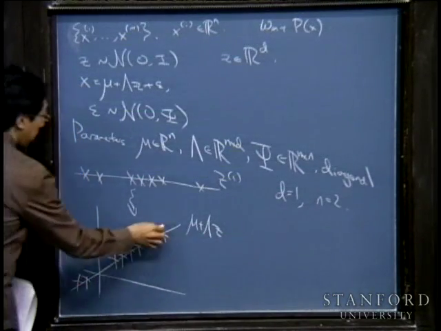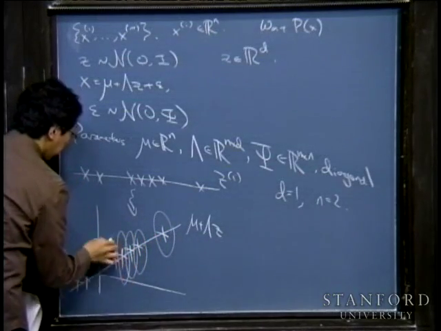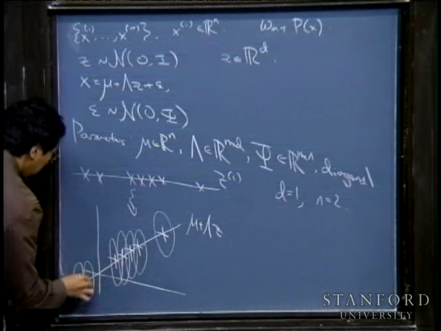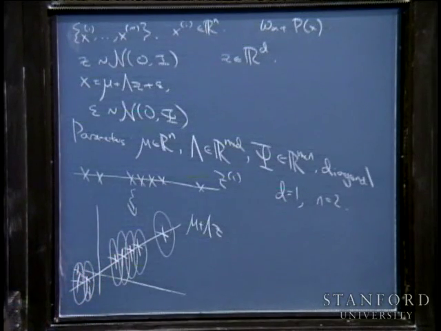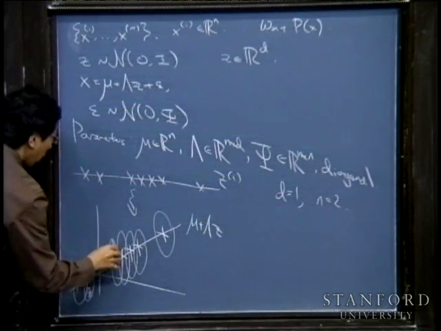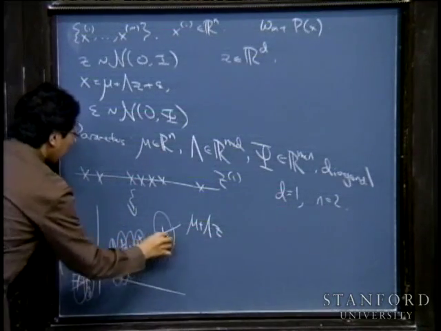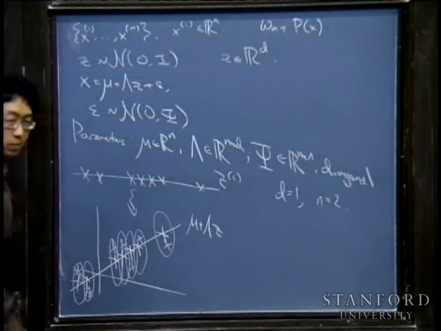And lastly, this model envisions that you place a little Gaussian bump around each of these and sample. And the x's are then maybe that would be a typical sample of the x's under this model.